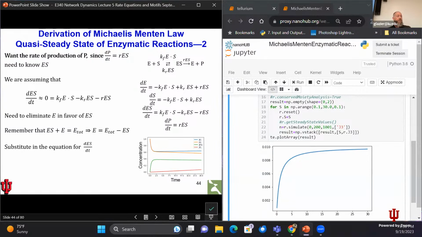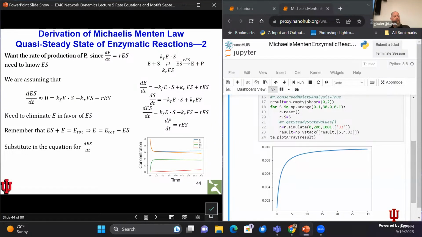So we have 0 equals Kf E times S minus Kr ES minus R ES. We want to solve for ES. We know S because that's the given. What we want is ES as a function of S. And so the problem is that we have E and we don't know what E is.